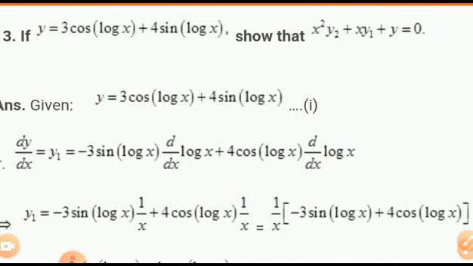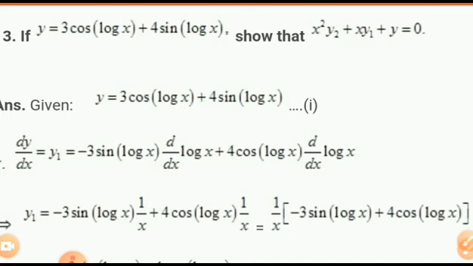Now the next question: you have been given y, and we have to show that x square into y2 plus x into y1 plus y is equal to 0. What do you mean by y2 and y1? They are nothing but your second order derivative, and y1 is your first order derivative.